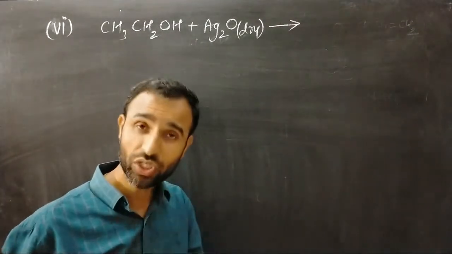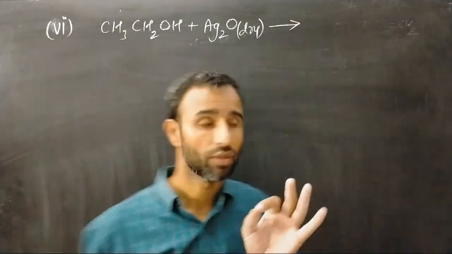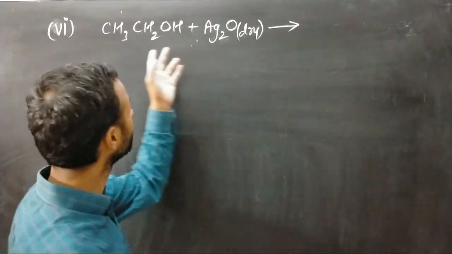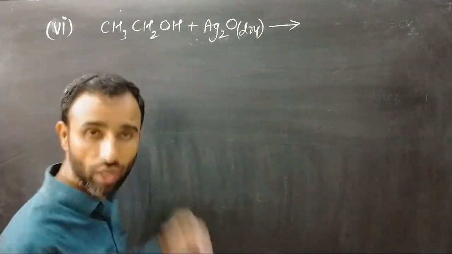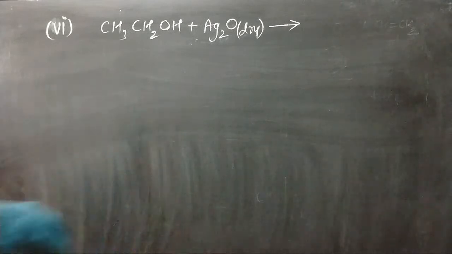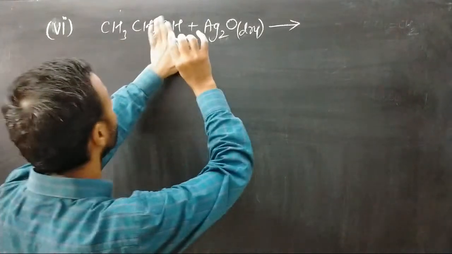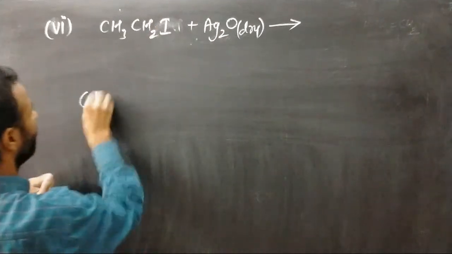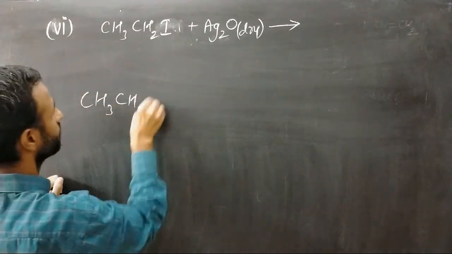If we use moist silver oxide, from alkyl halide we get alcohol. But if we use alcohol with alkyl halide in dry silver oxide, see what product is found in these two cases.